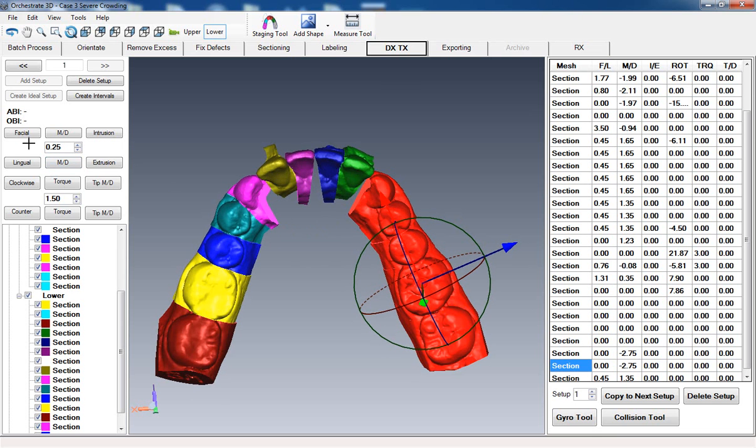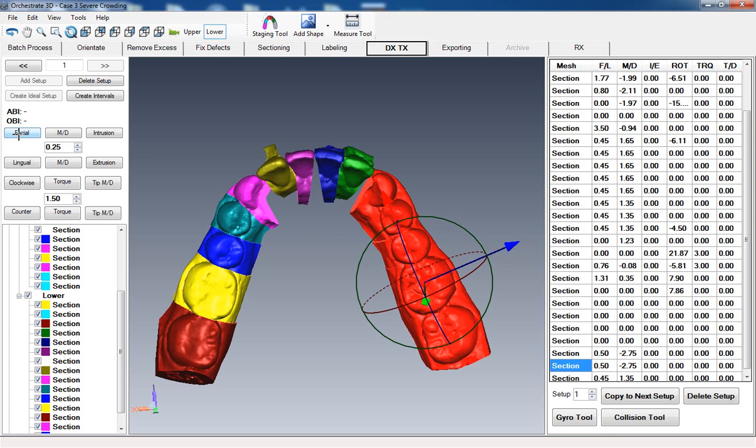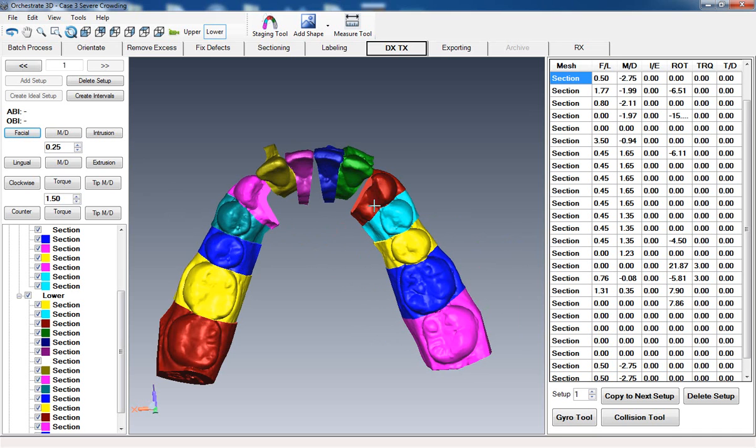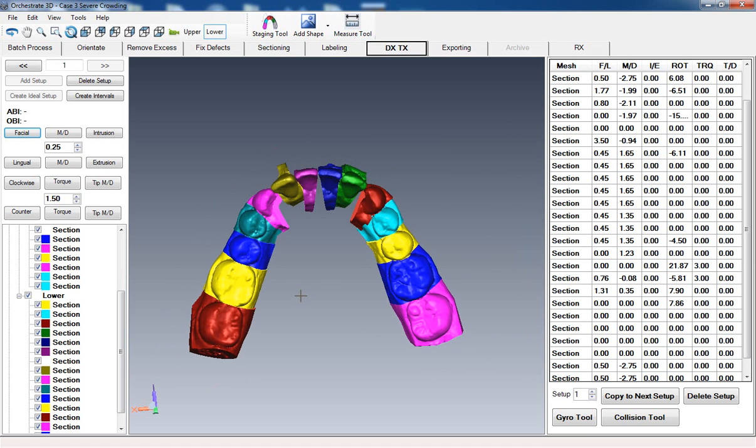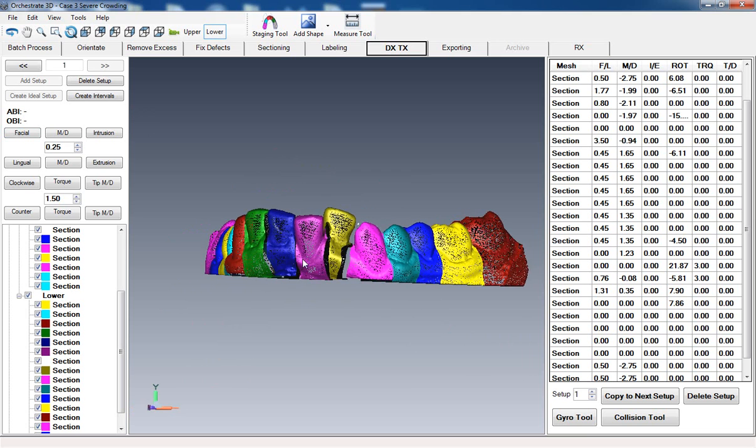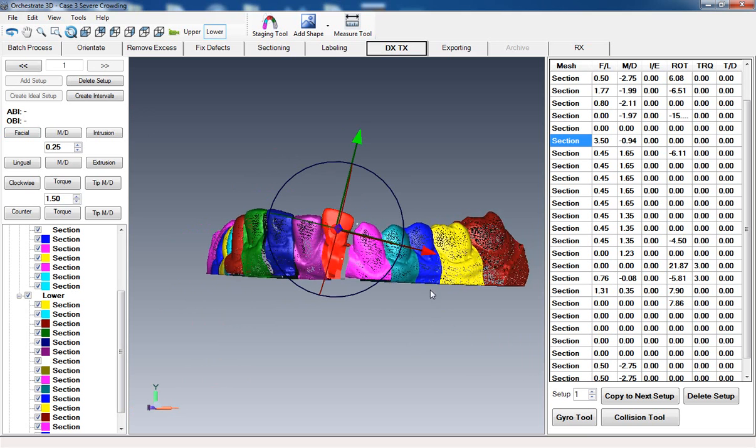Okay, there's a small space, and now we're going to take this out facially just a little bit. I'm going to rotate this tooth in just a little bit. Alright, good.